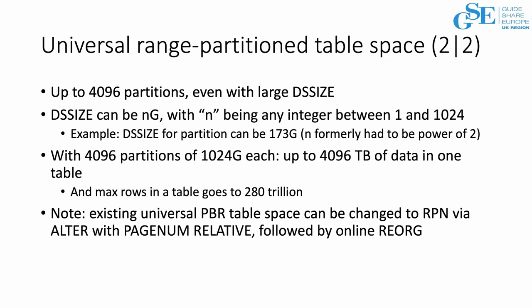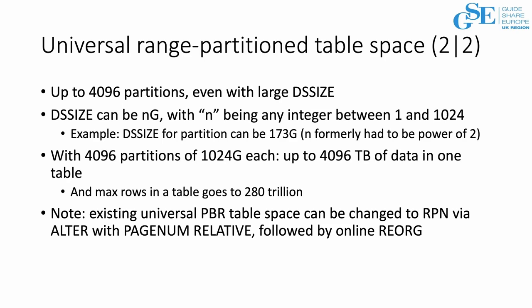And there are other benefits. In an RPN table space, different partitions can have different DSSIZEs. And when the DSSIZE value is increased for one particular partition, another nice thing is that it's an immediate change. There's no need for a reorg to realize that change.